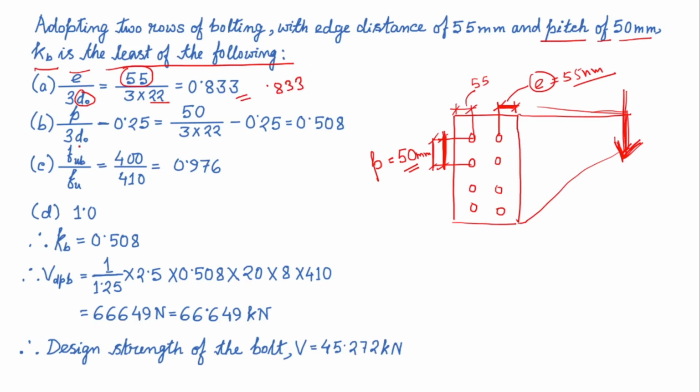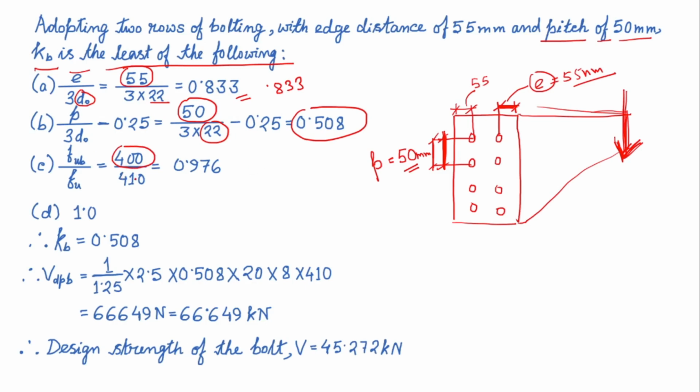Next, p by 3 d naught minus 0.25. What is p? p is the pitch, which is 50 mm. Then again the diameter of the hole is 22 mm. So finally the value is calculated as 0.508.